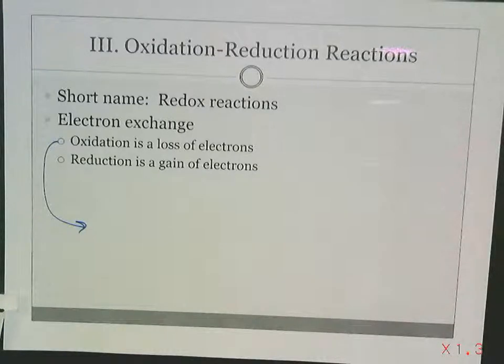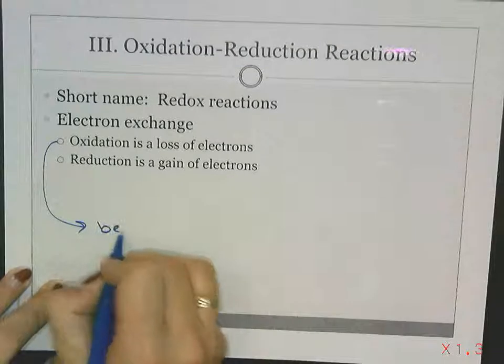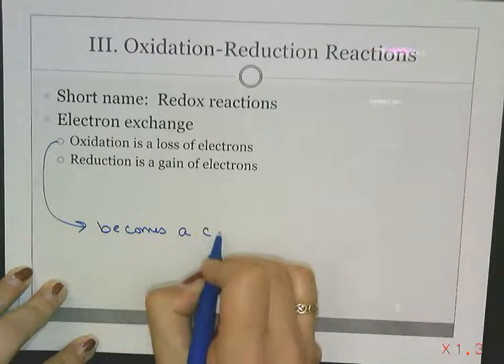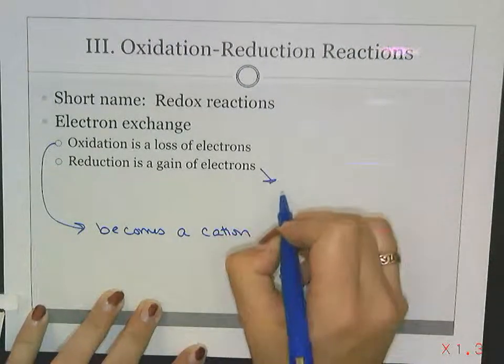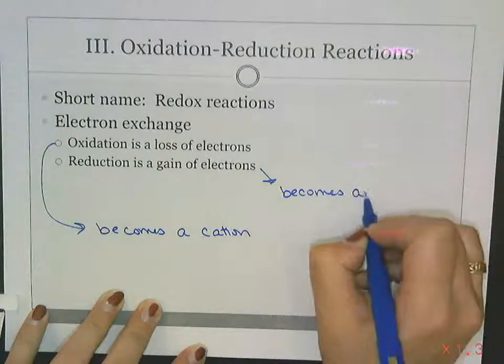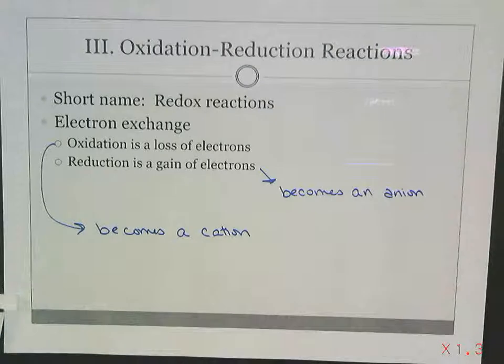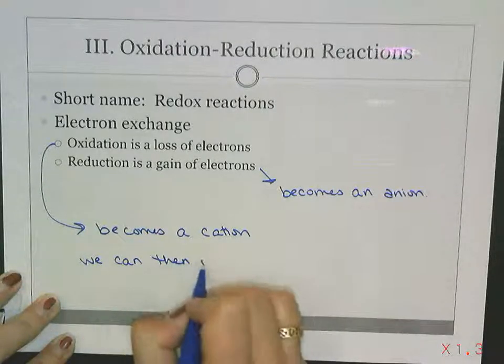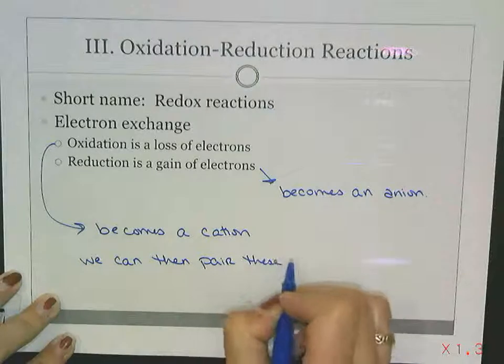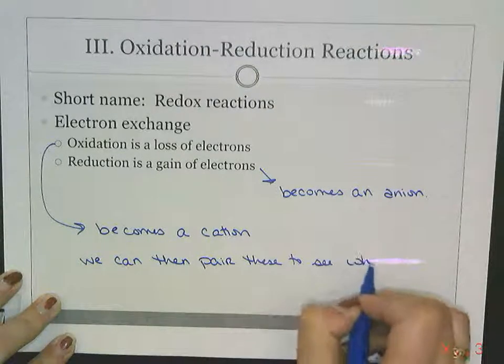All right, so oxidation produces a cation, and reduction produces an anion. So then we pair them to see where the electrons have gone.